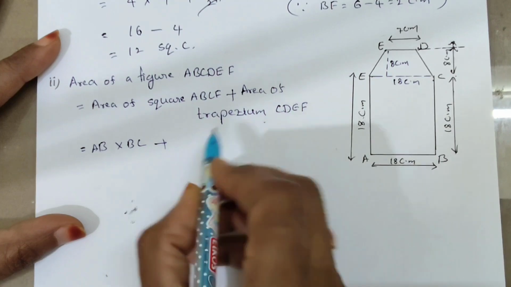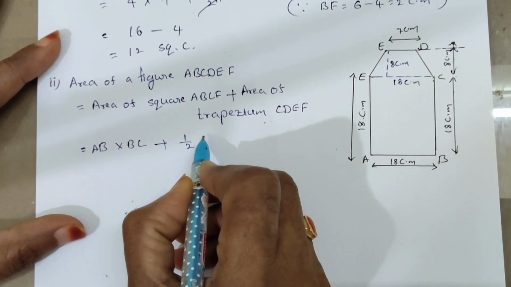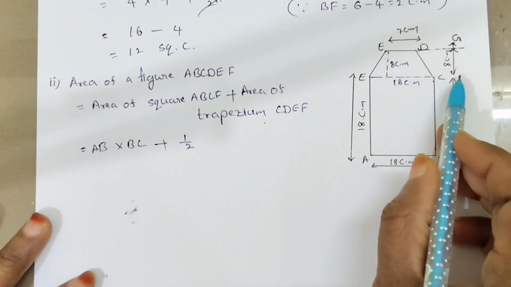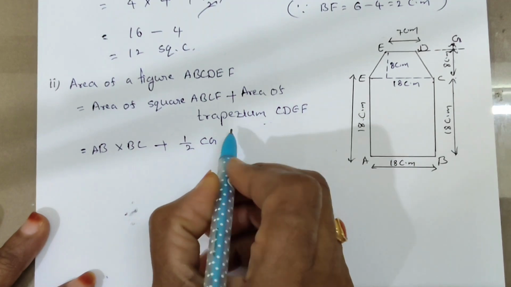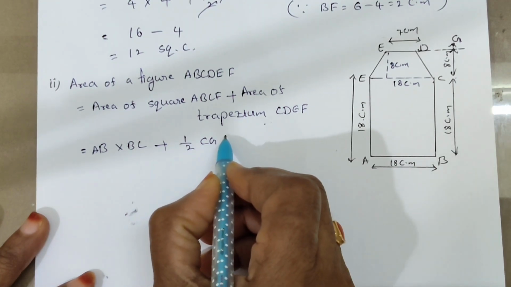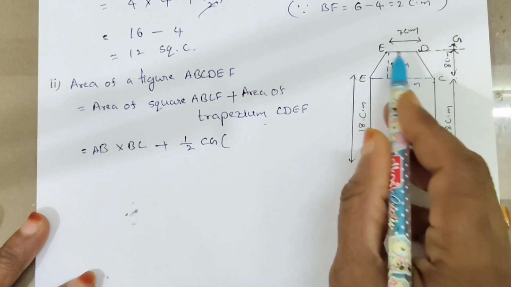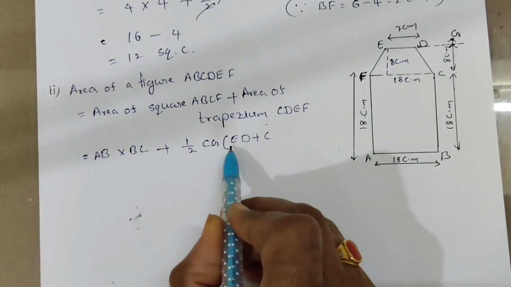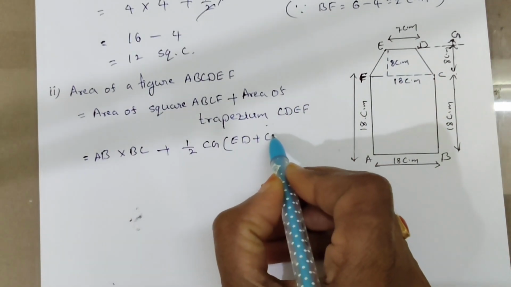Here the trapezium formula is 1/2 into CG. Here CG means height. CG into the sum of parallel sides EC plus ED, FC or CF.